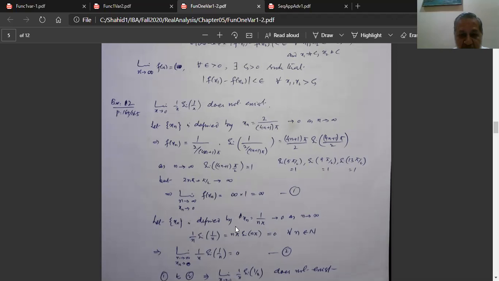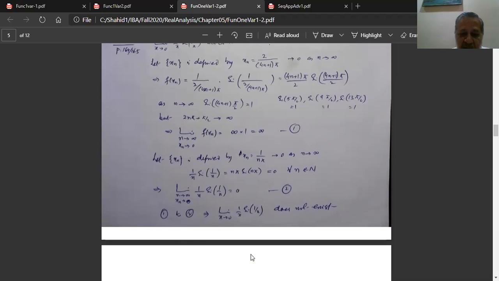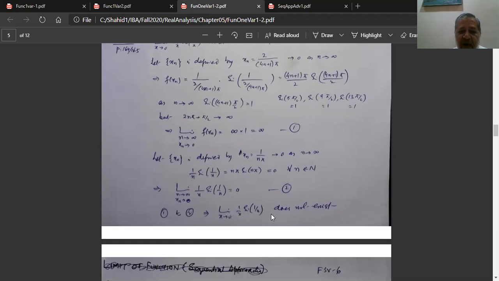So using one sequence, we got the limit infinity. Using another sequence, we got the limit 0. And that proves that this limit does not exist.